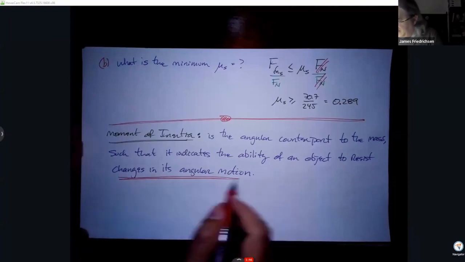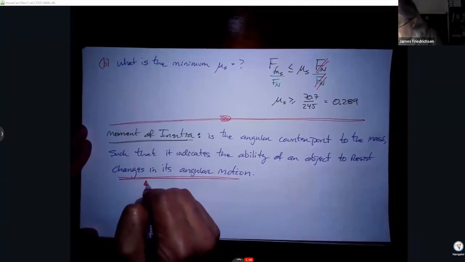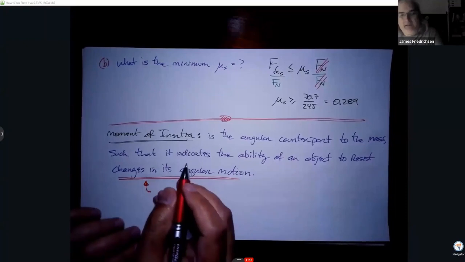We change the angular motion of an object, then really what we're doing is we are angularly accelerating.